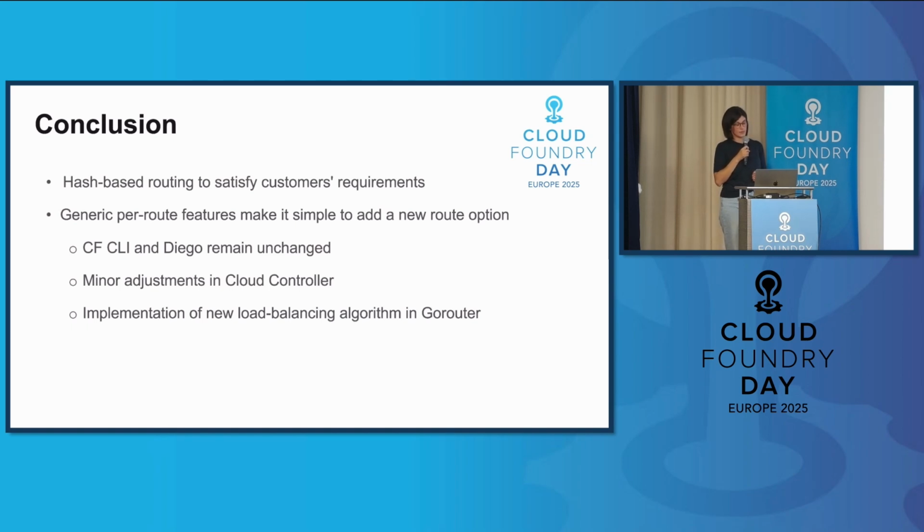And the use of a generic per-route feature makes it very simple to realize our cross-component proposal, as we can now focus on implementing the new load balancing algorithm in Gorouter itself, and we only need minor adjustments in other components.